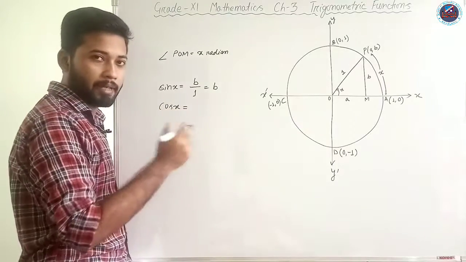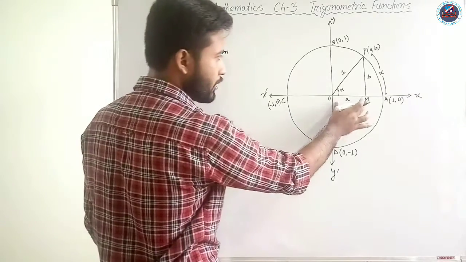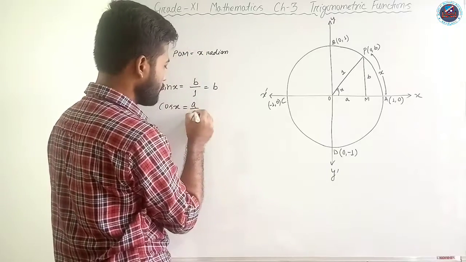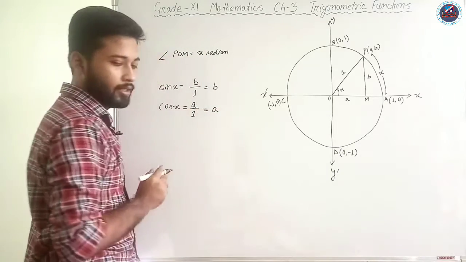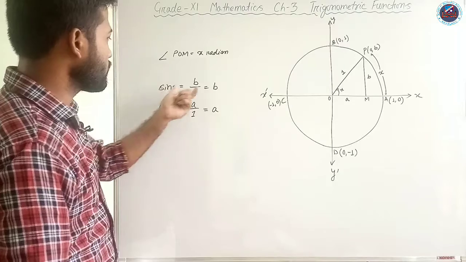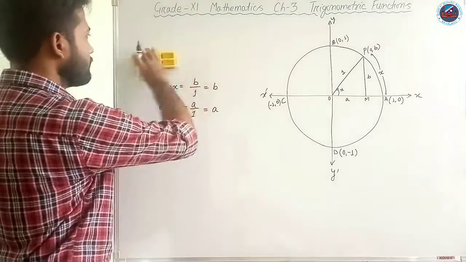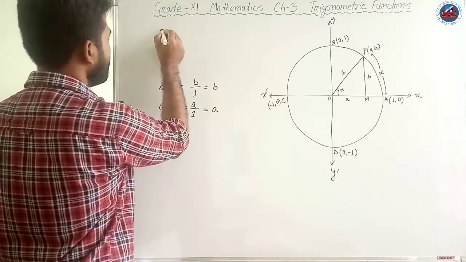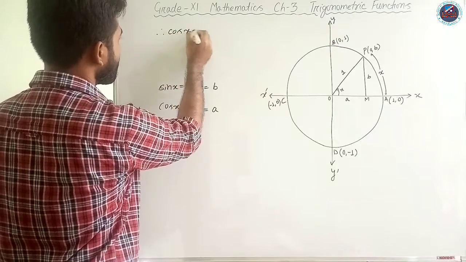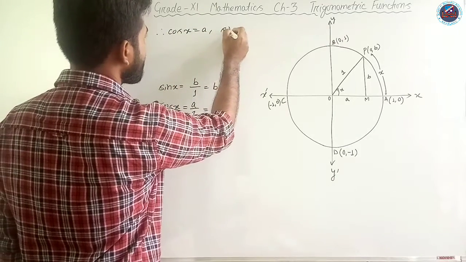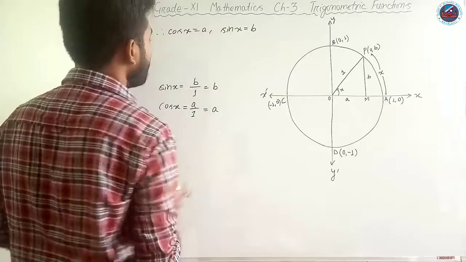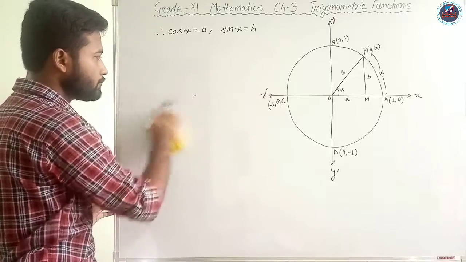Cos x is base by hypotenuse, so A by 1, and that is equal to A. So we have got the values of sin and cos as B and A. Therefore cos of x is equal to A and sin of x is equal to B.